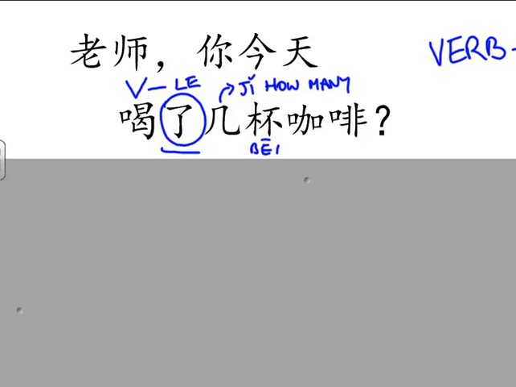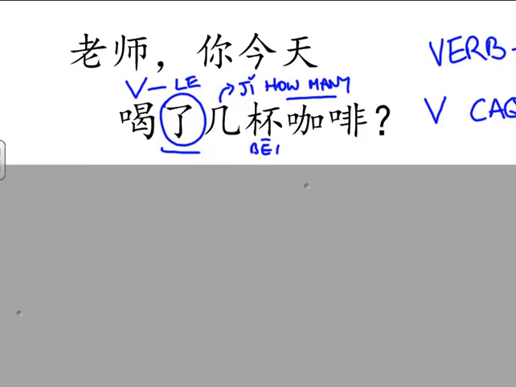So the difference here is when we're using le to mark completed action, but with a quantity, and in this case a quantity is a question word, how many, we have to use the le right after the verb and not in the sentence. So I'm going to call this something differently. I'm going to call this V for verb le. It's completed action still, but it's for a quantity. So my wacky acronym is VCAC, just to help you remember that.